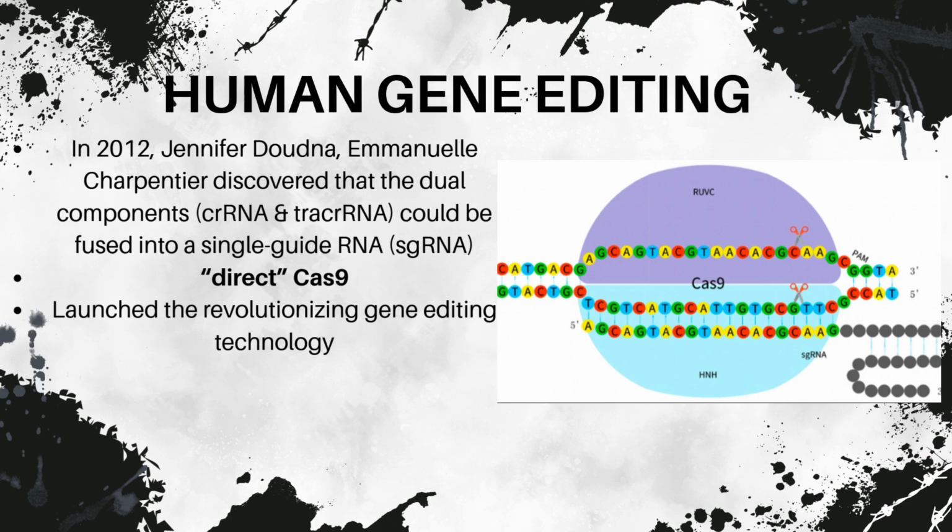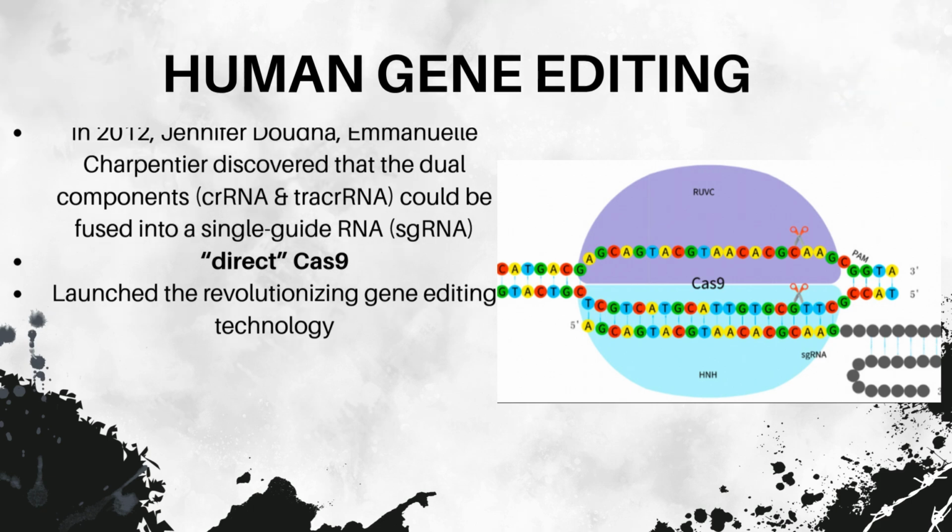This is what launched the revolutionary gene editing technology that scientists use every single day. In other words, they found a way to join the tracrRNA and the crRNA without having to go through a whole complex system.